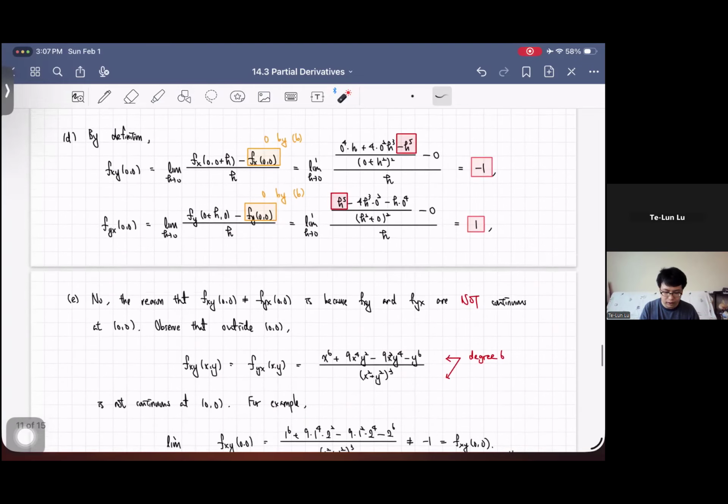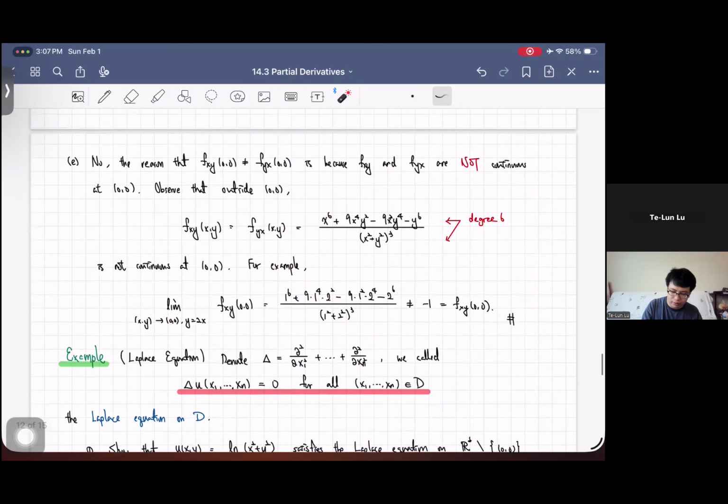It does not, in the sense that if you write down the derivatives, after some painful algebra, you get this guy. fxy and fyx are actually the same, ignoring the origin. It looks like this. And this function is actually not continuous because, as we mentioned in the previous video, both the denominator and numerator behave like a degree 6 polynomial.